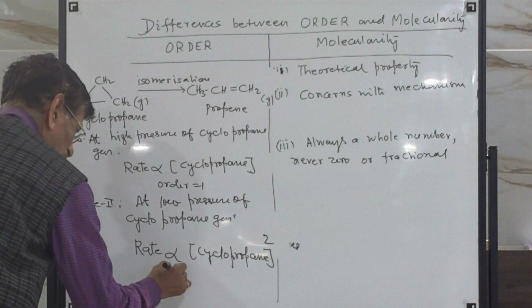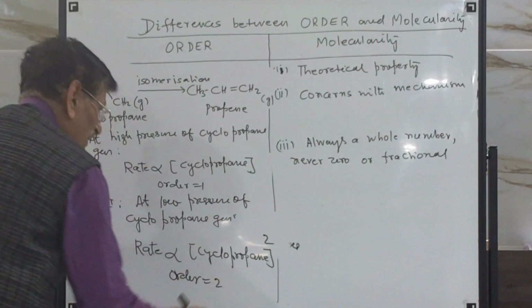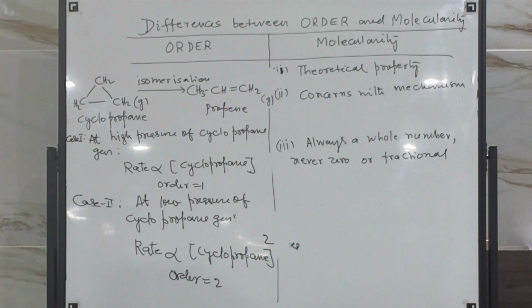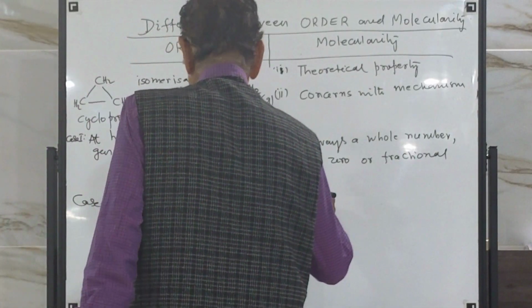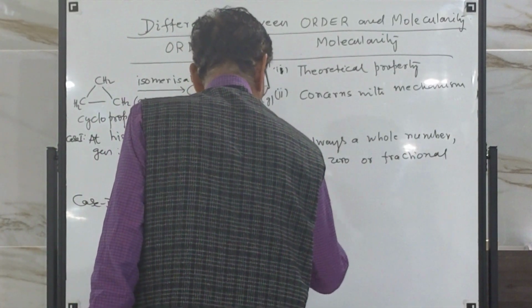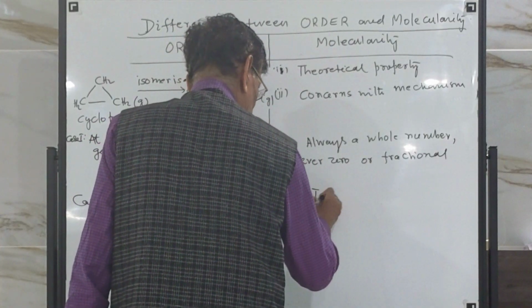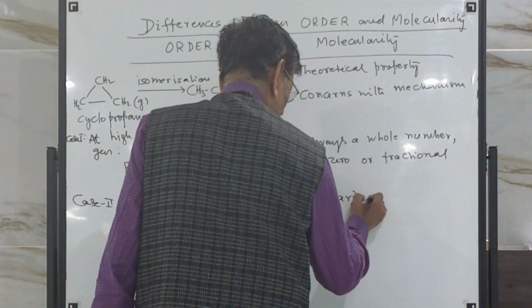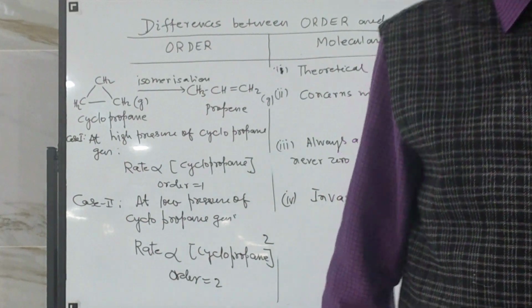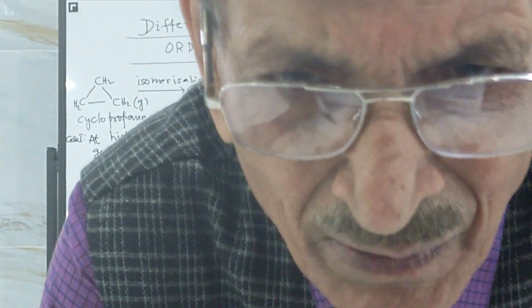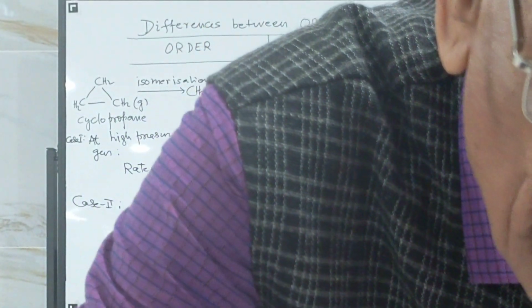That is, the order is 2. So the same reaction at high pressure is first order and at low pressure is second order. So we see that the order may change with a change in the experimental conditions. But molecularity is invariant, that is, it does not vary with conditions. So this is the difference between the order and molecularity of a reaction.